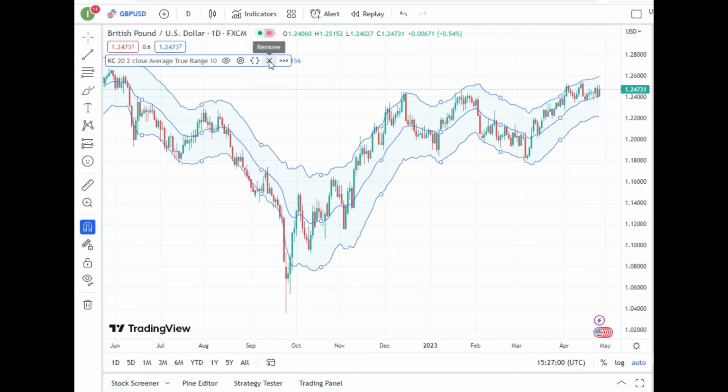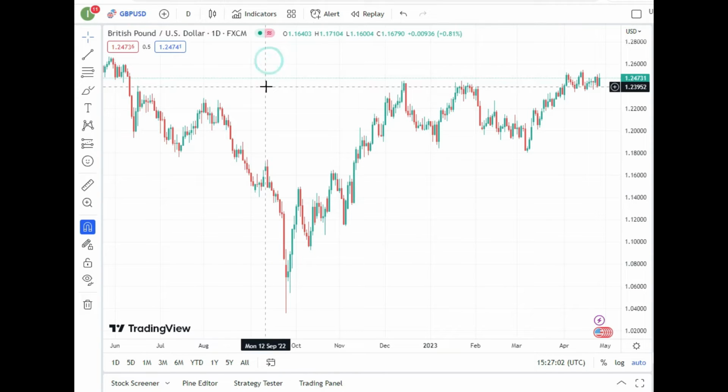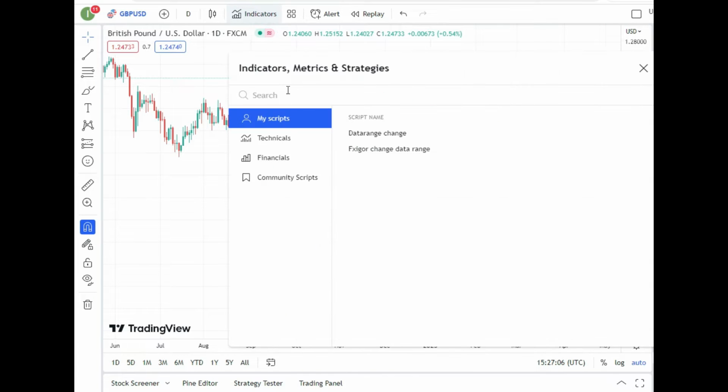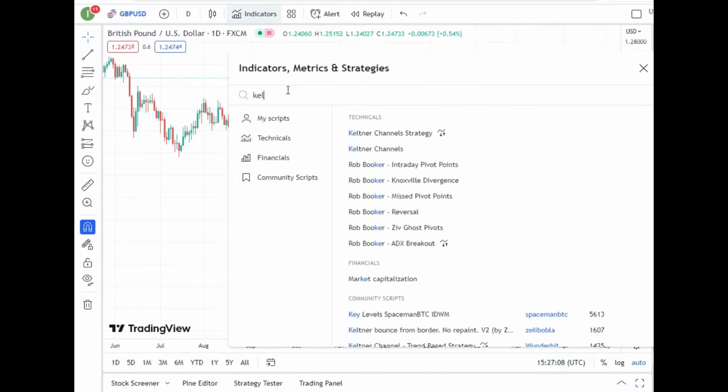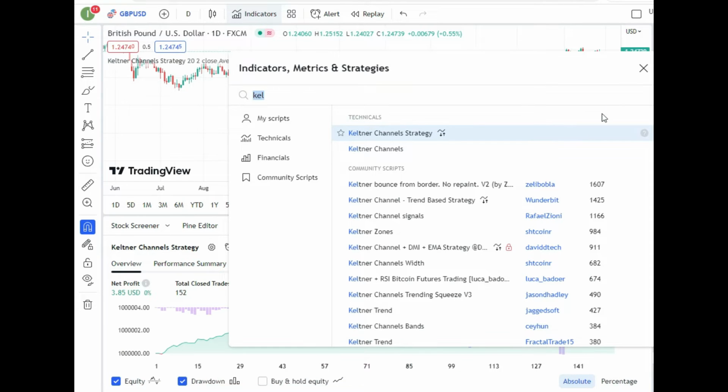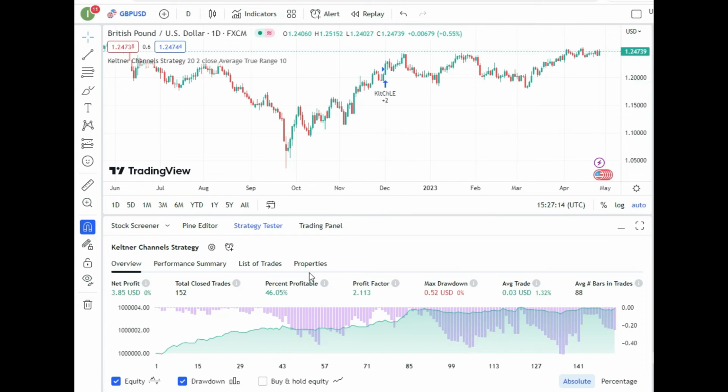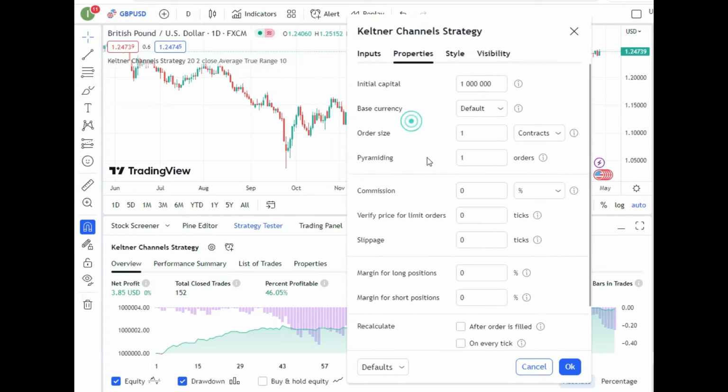Now, what I will do is remove this indicator and add the strategy. It's a pre-made strategy called Keltner Channel Strategy. I just did it. And as you can see, for British pound dollar, we have a profit factor of 2.1. If I go to the settings, I can go to the properties and set them properly.